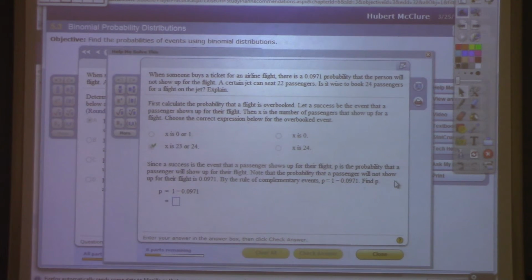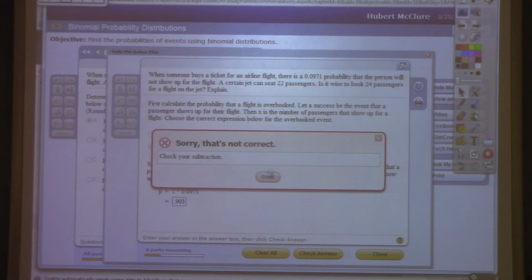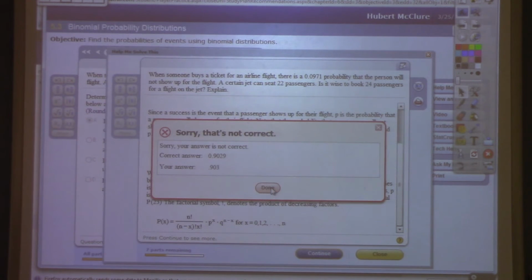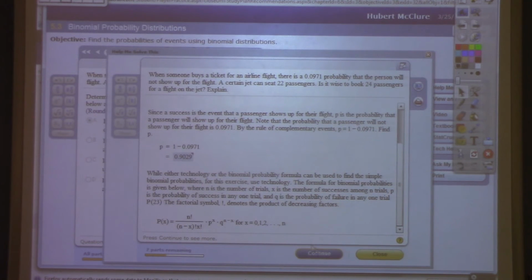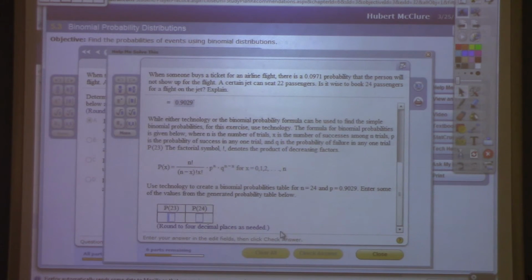That's what I thought, 0.9029, and plug in N, P, and X. But they're saying P of 23 would be the probability of 23 showing up. N is 24. Did we not type in N is equal to 24? And 23? I thought we did that. We did. You're supposed to add them up.